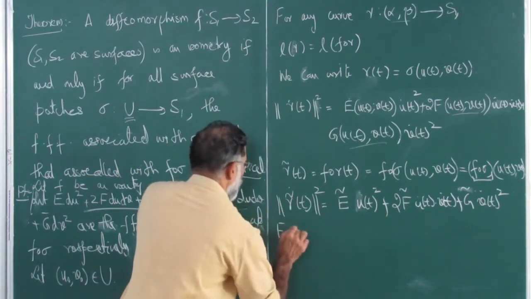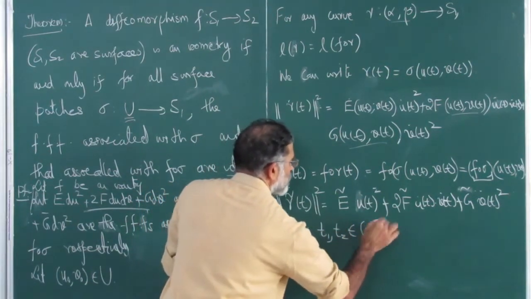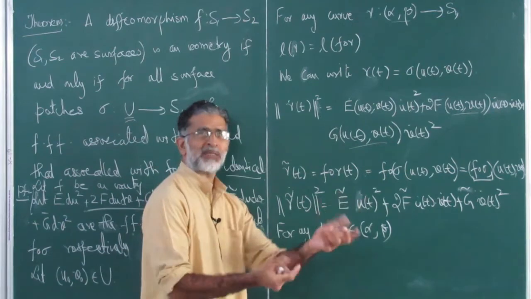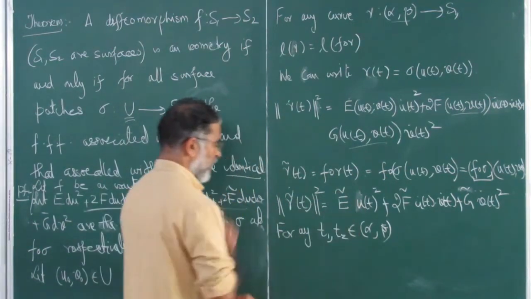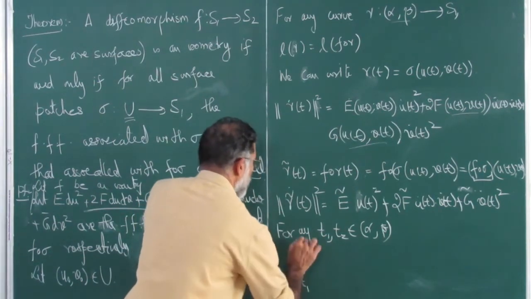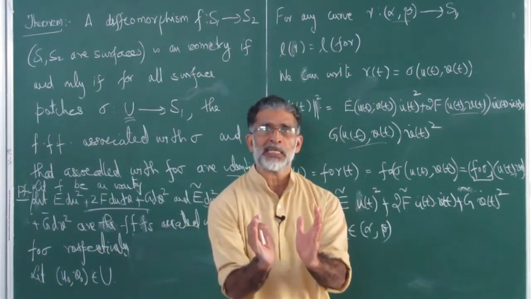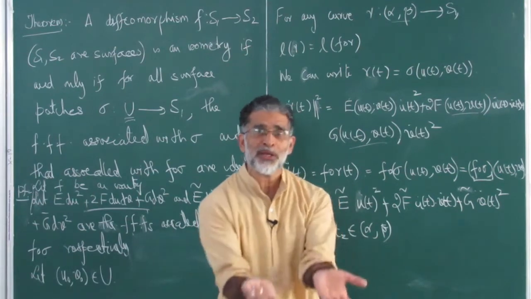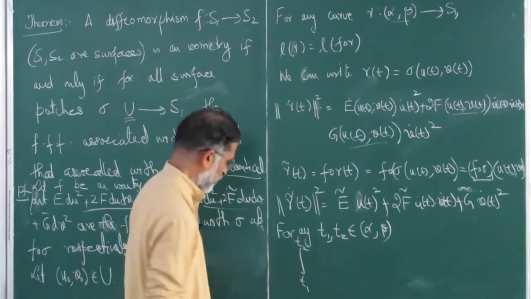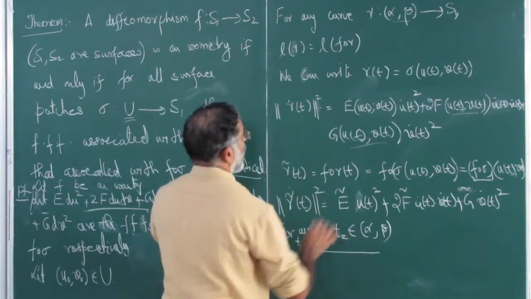So for any t1, t2 in (alpha, beta), you are now considering your curve from t1 to t2 or t2 to t1; it doesn't matter, there's a sign problem you needn't worry about. Since it is true for every curve, you give me a curve, I can restrict it, and I get another curve that is part of it. That is independent of the domain. The length is the square root of this whole thing.